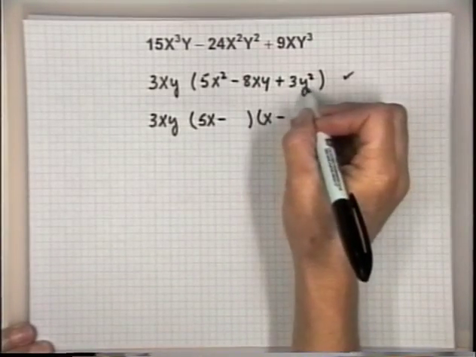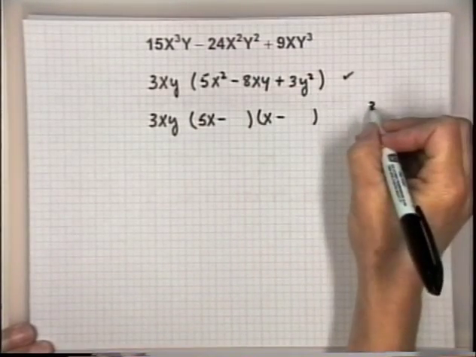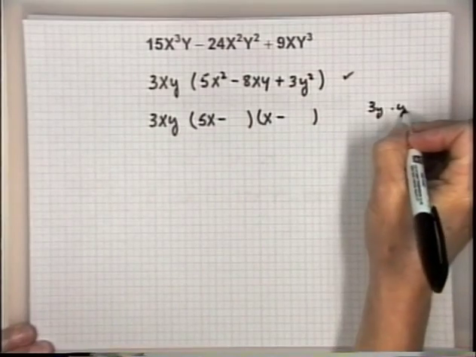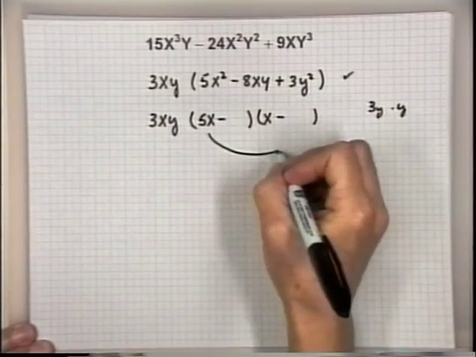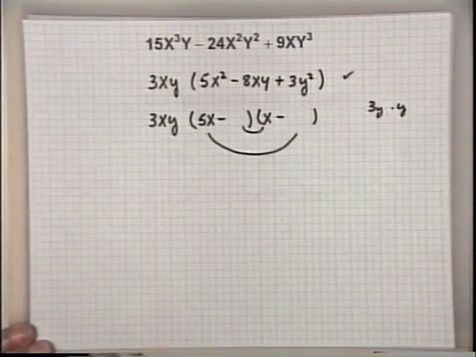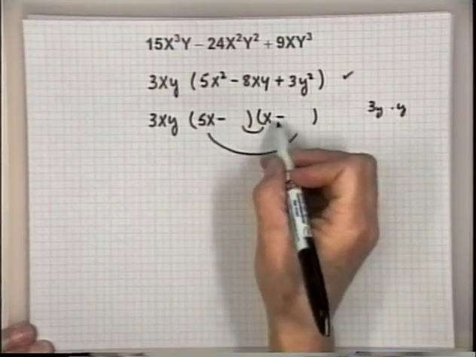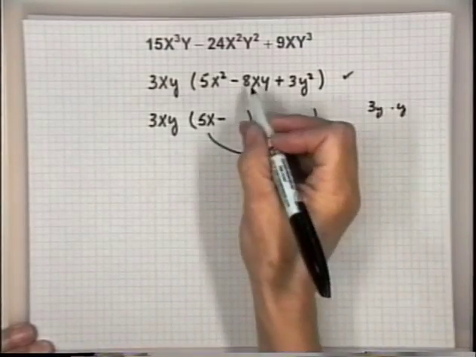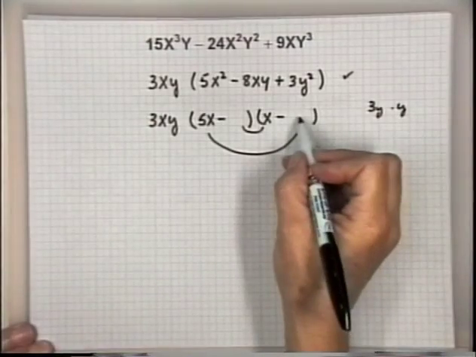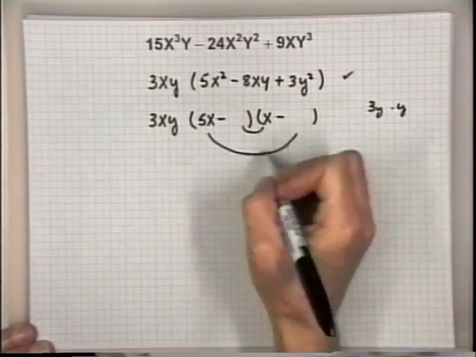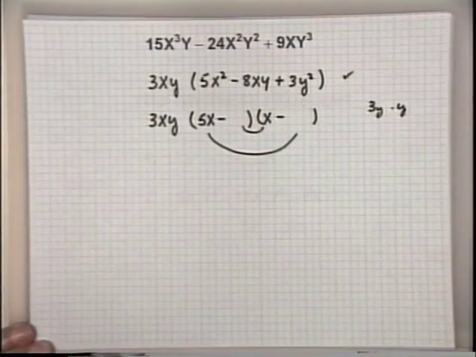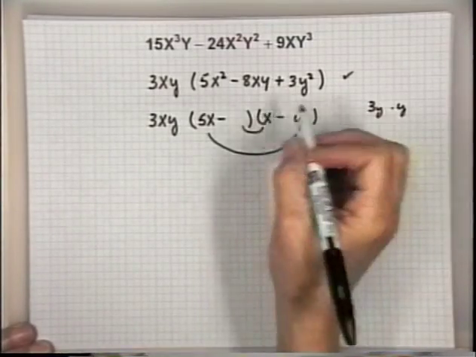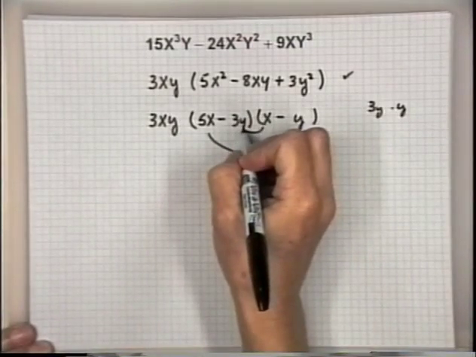I only have one choice for this third term. It has to be 3y times 1y, but remember where I place those numbers is very important. Since my signs are alike, I will be adding to get 8. I don't want to put the 3 here because that would make 15, which is already too big for 8. So let's try the 1y here and the 3y here.